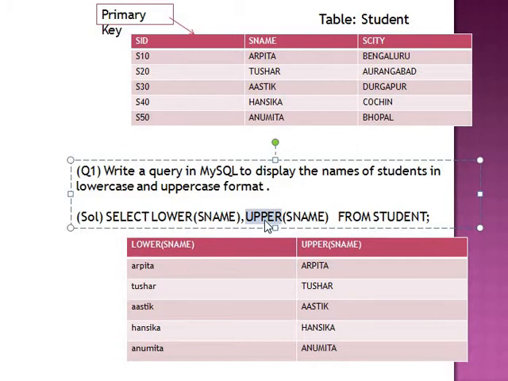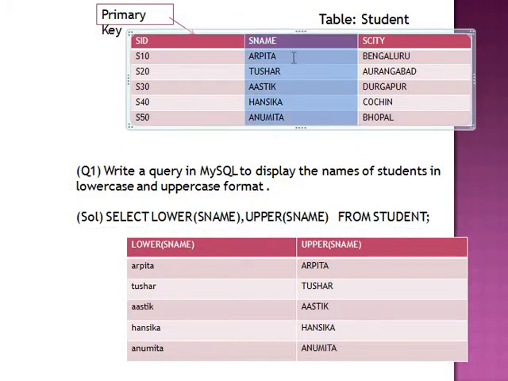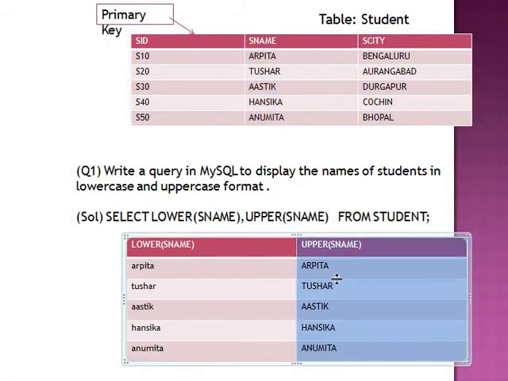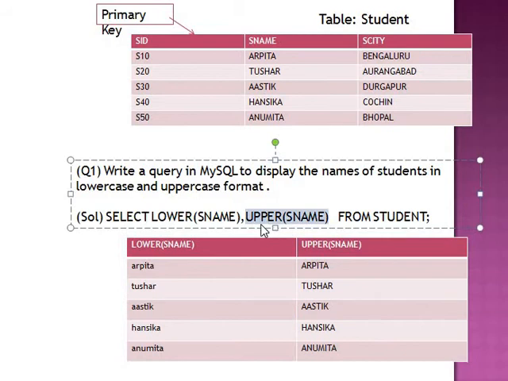And when I applied the upper function on the column SNAME, then the column, which already consisted of capital letters, will also consist of capital letters in the output, because the upper function is going to convert all the entries for this column into the capital letter format.